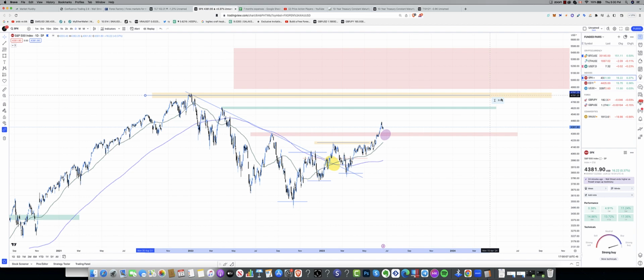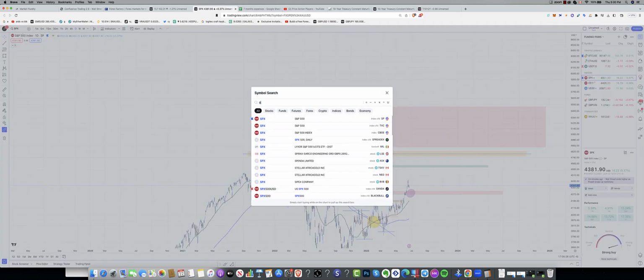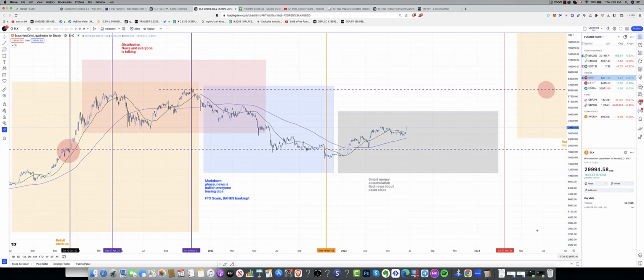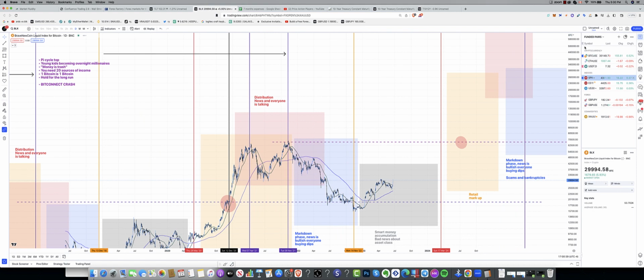So just like how we had in 2020, we're anticipating that for 2024: end of 23, first couple quarters of 24. And then again, if we pull out our Brave New Coin Index here, you can see that would coincide with the halving as well, right? The halving in 2024.